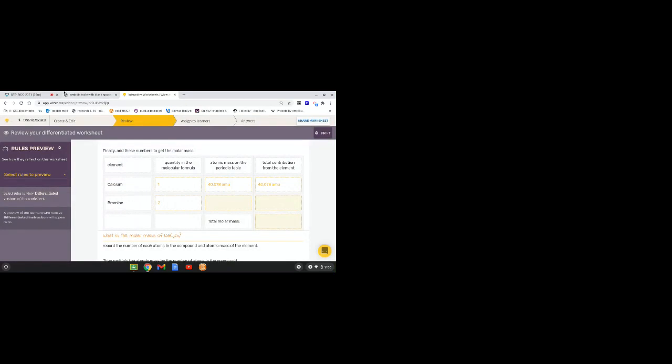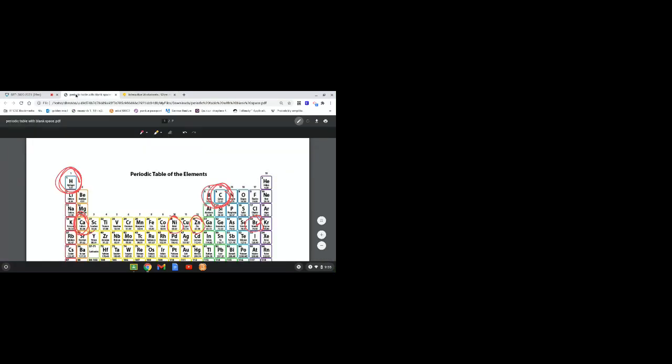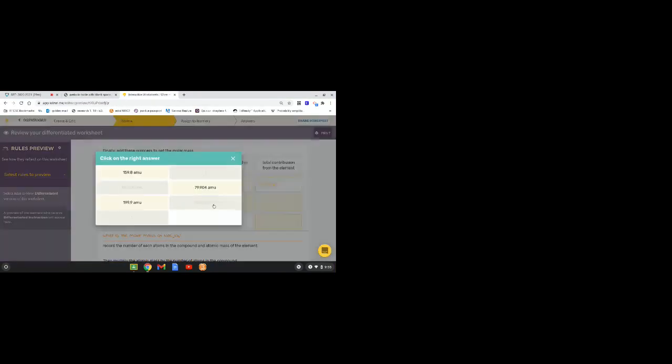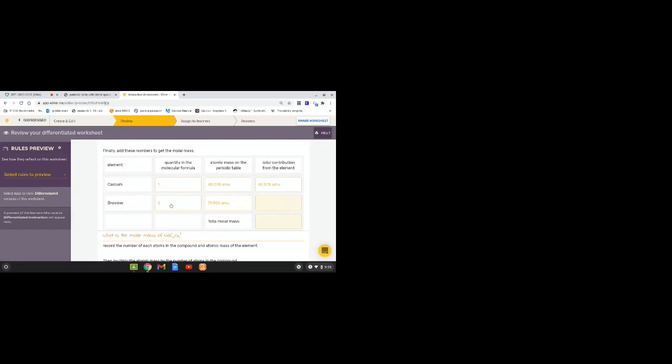The next element is bromine. So I'm going to go back to the periodic table. I'm going to look for bromine. It says 79.90. So I'm going to look for something close to 79.9. And here we go, 79.904. We have 3 options. Make sure we're choosing the right one. Then we're going to do 2 times that 79.9.